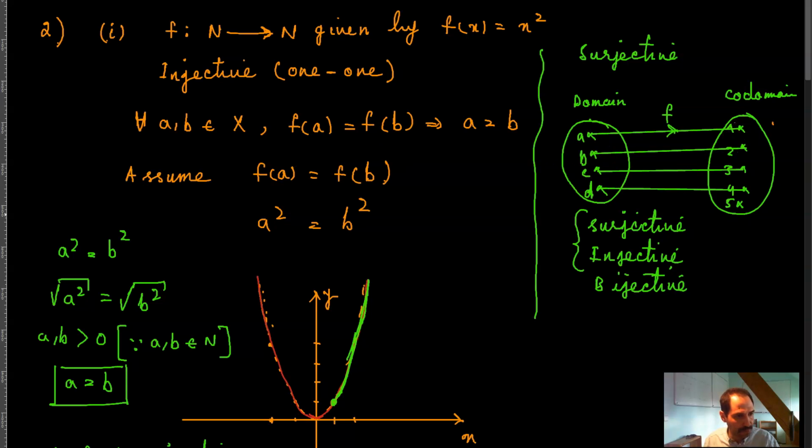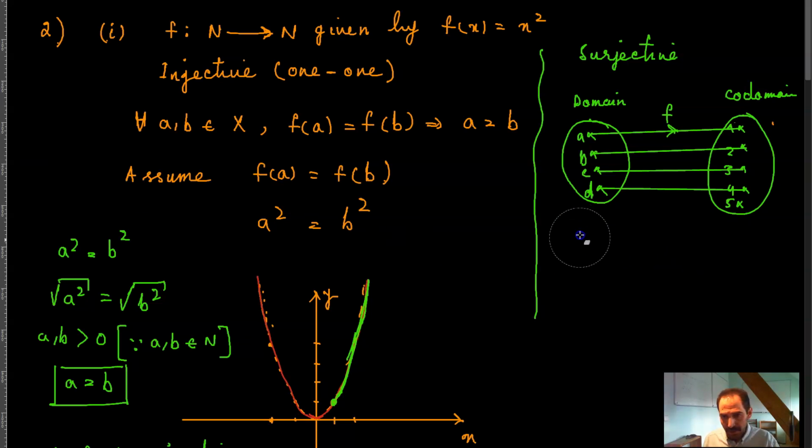There is no problem with it being a function, and it is still injective, but it is not surjective anymore. And since it's not surjective anymore, it cannot be bijective anymore. So it is only injective, right?